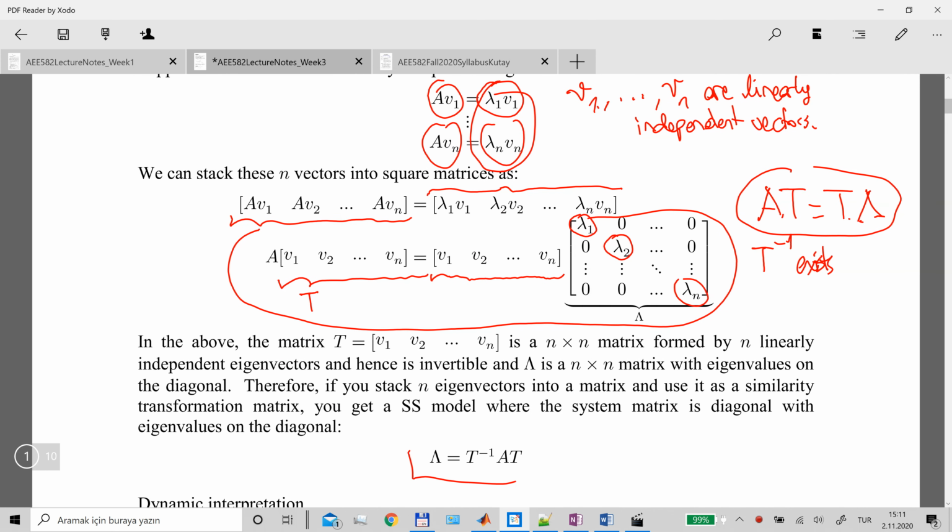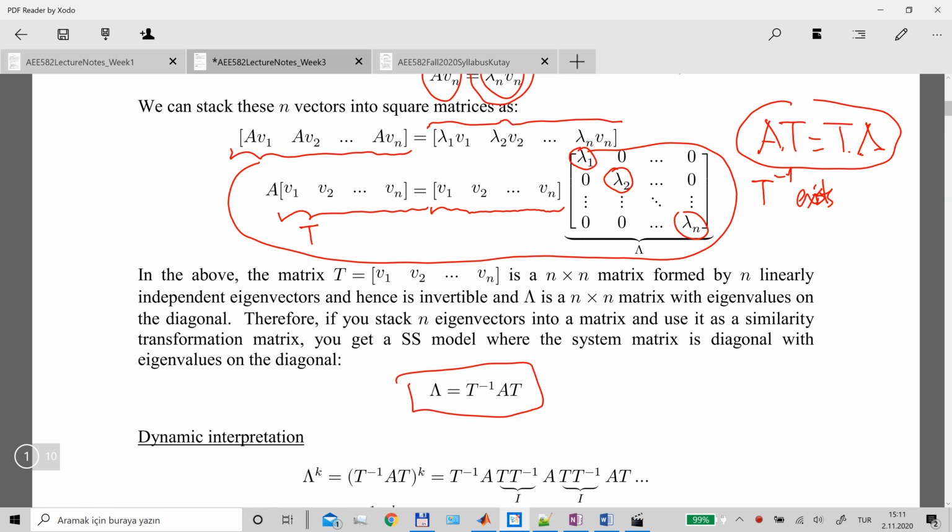Okay, and if you look at that, it just looks like a similarity transformation, right? So if you had originally a state space system in this form, x dot equals Ax plus Bu, and if you define a new state vector z to be equal to T inverse times x, then this will lead to the equation that z dot is equal to lambda times z plus T inverse times B times u.